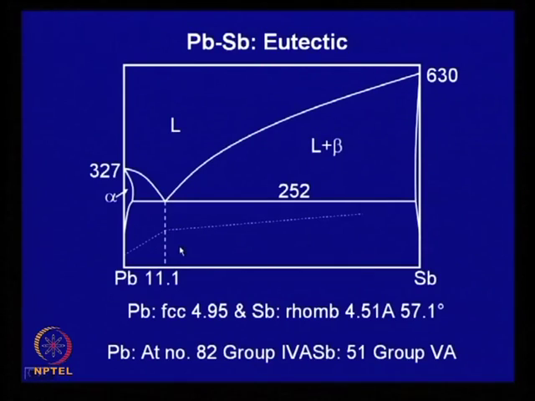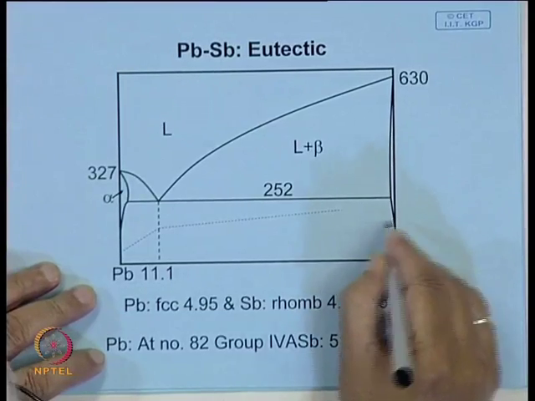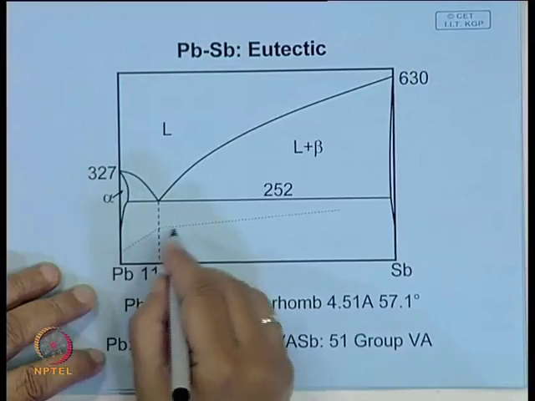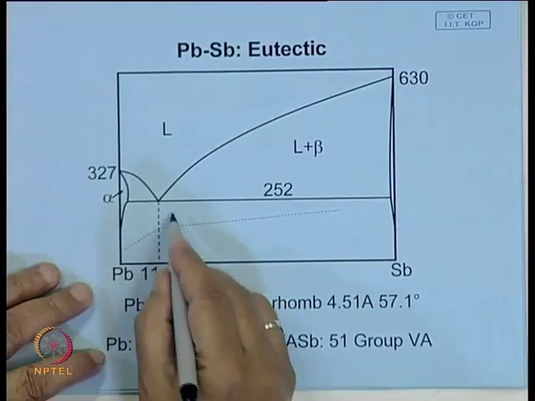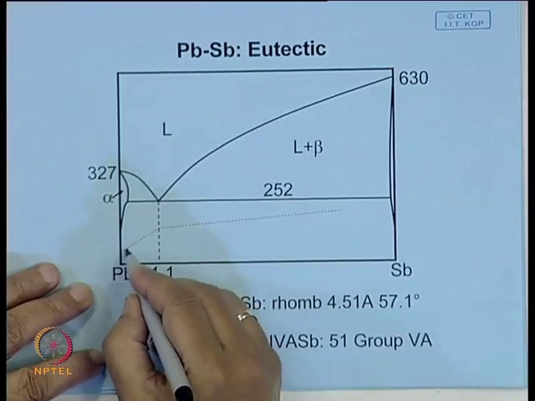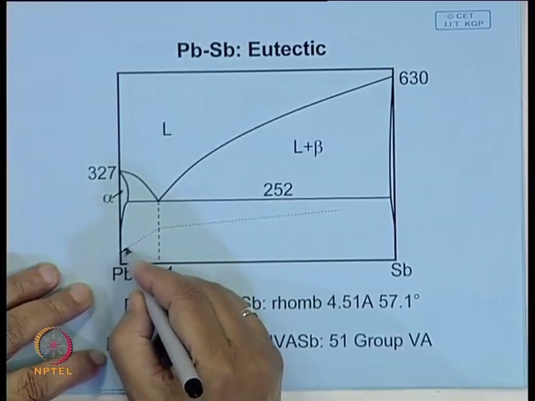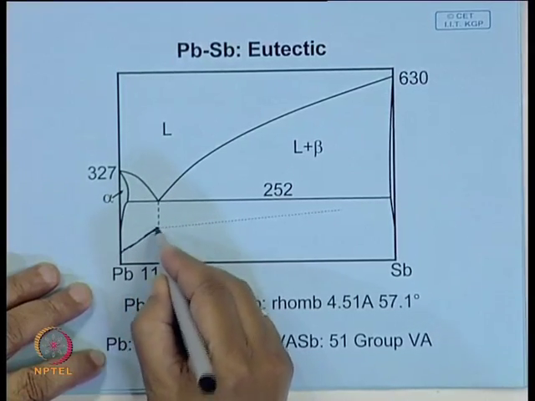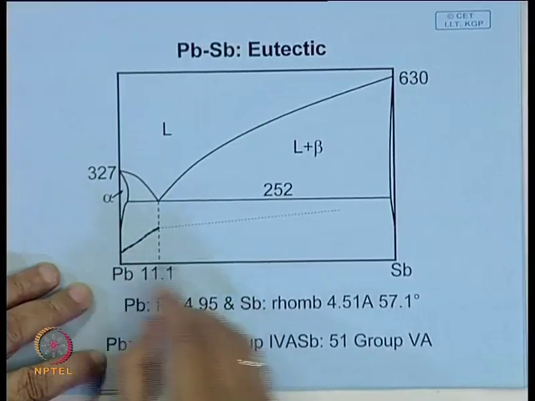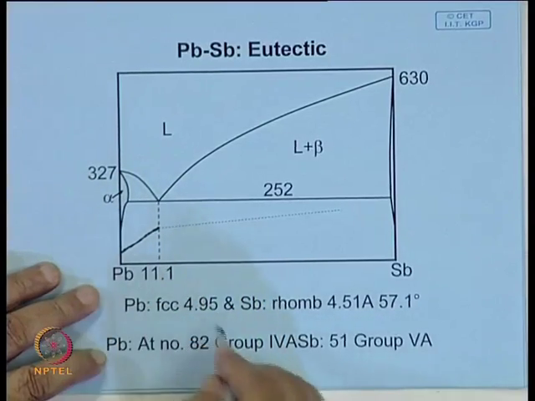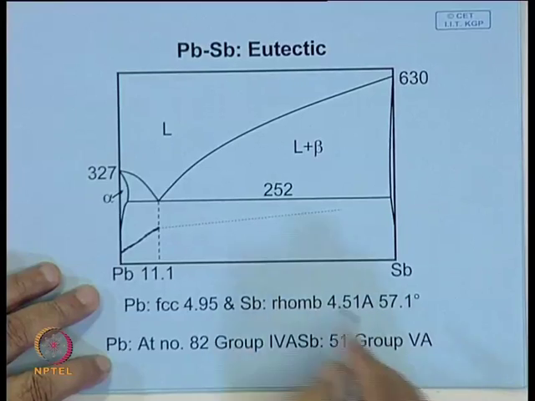In most cases, there are two ways the properties can vary. If the eutectic is very fine, you may find the strength improves up to this part, and lead is relatively soft while antimony is brittle.